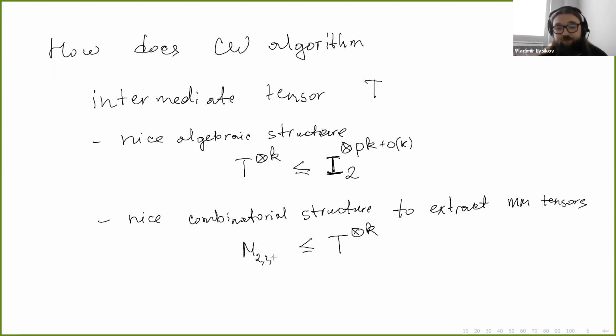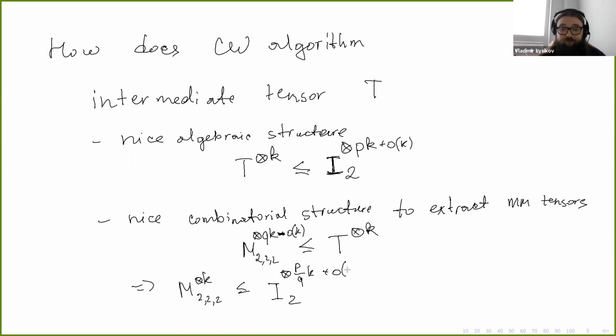Like we have 2 by 2 by 2 matrix multiplication to the power K, which means that M222 tensor K is a restriction of I2 tensor P over QK plus o of K. And if we take logarithms, we say that omega is less than P over Q. So this is how we use tensors for matrix multiplication at a very general level.